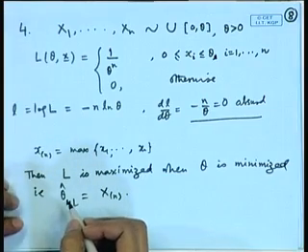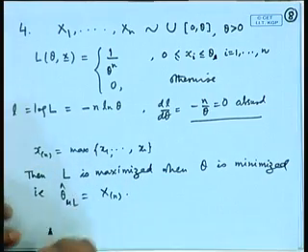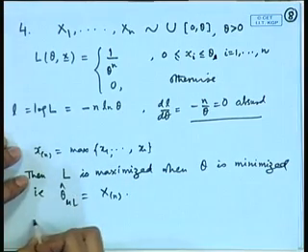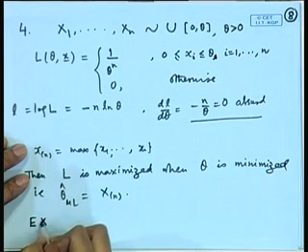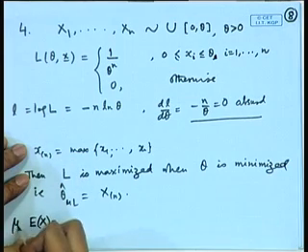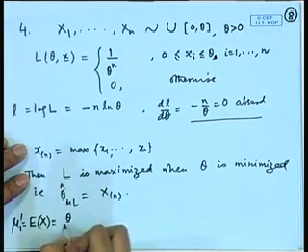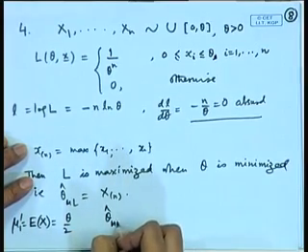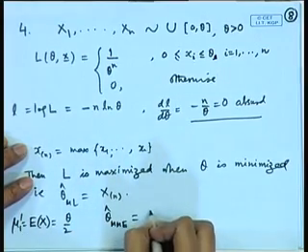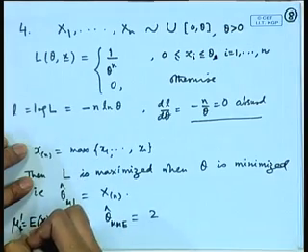Suppose I want to find the method of moments estimator here. What is that? Consider the mean of this distribution, that is the first moment, which is theta by 2. So, theta hat, the method of moments estimator, will be twice x bar, putting x bar in place of mu 1 prime.